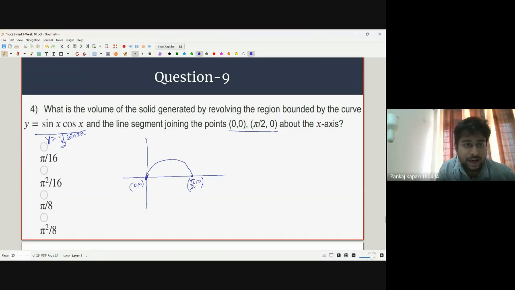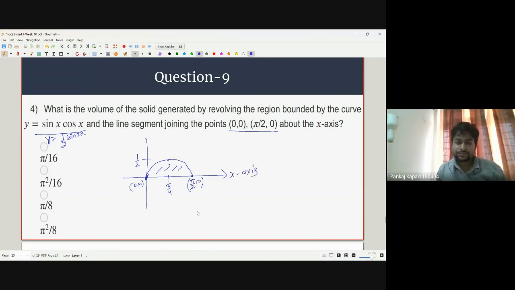Because this curve is just half of sine 2x. So if you put x equal to 0, you will get 0. But if you put x equal to pi by 2, then you will get again 0. But what about pi by 4, the highest point? So at pi by 4, you will have half. So this highest point is just half.